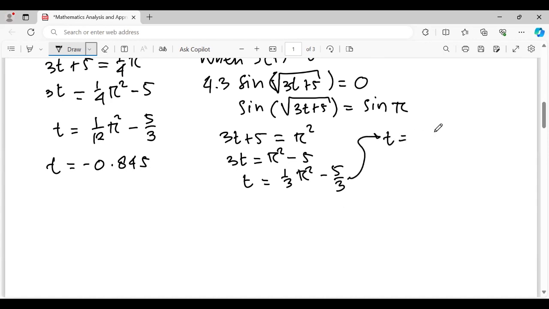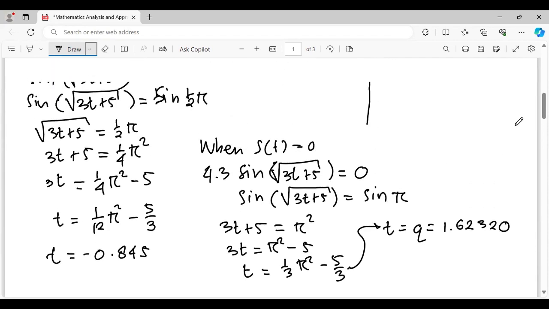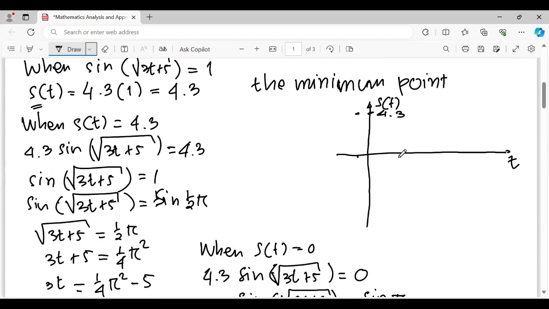So t equals 1.62320 around here. Okay, if s(t) equals 0.